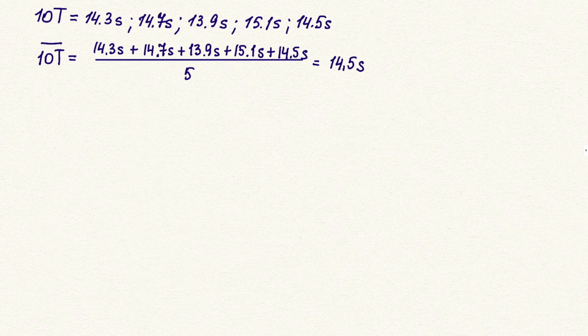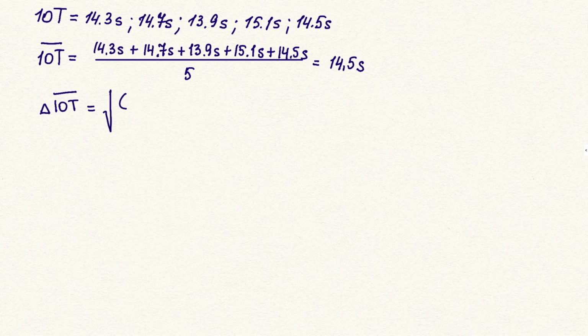Now let's find the uncertainty of the average of this measurement. For that, we will use the standard deviation rule. You can check out our other video which discusses how to find uncertainty in average. Here I'm just going to write it out. The uncertainty in average equals a square root.